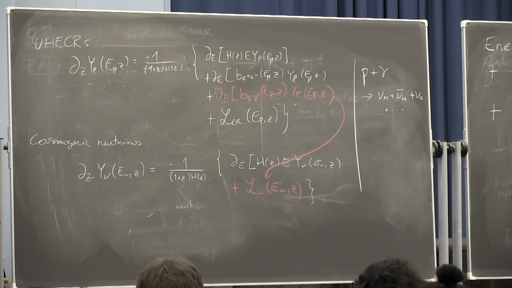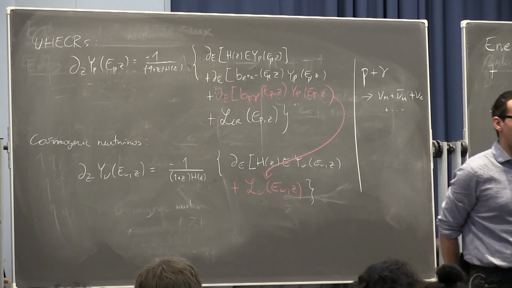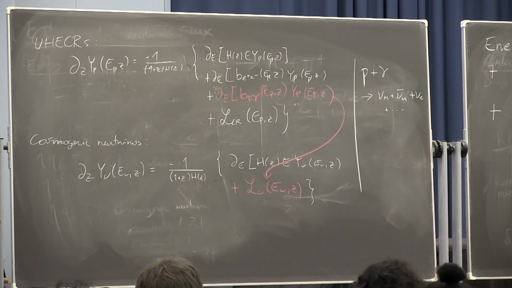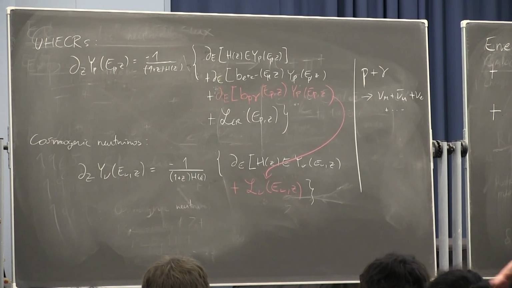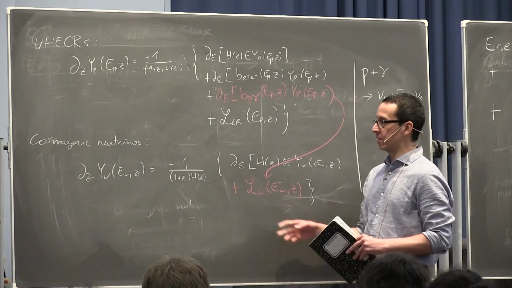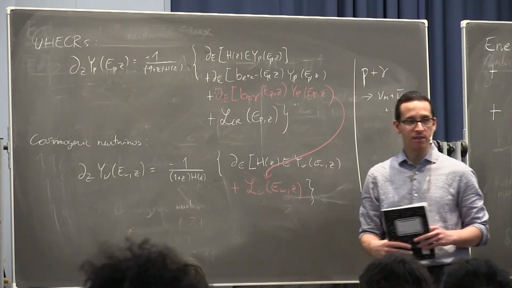There's no other energy loss terms. Well, are there really no energy loss terms for neutrinos? Think about what process could be dampening the flux of neutrinos of very, very high energies.